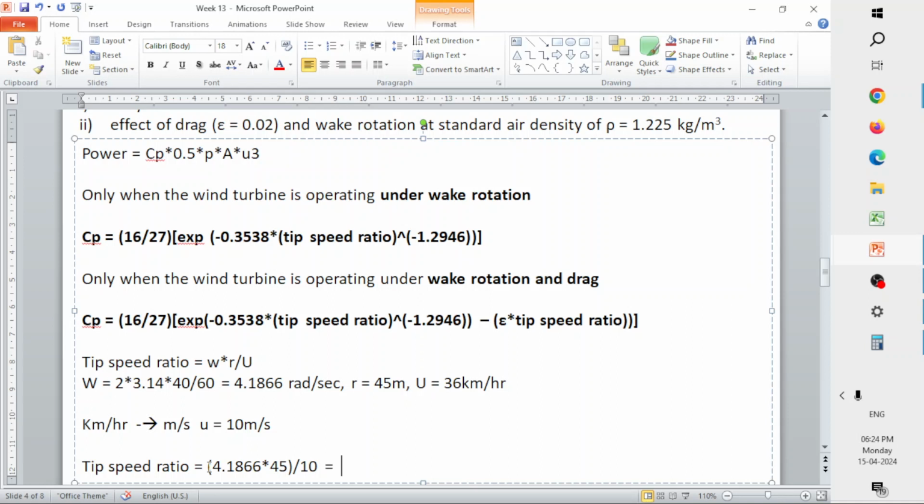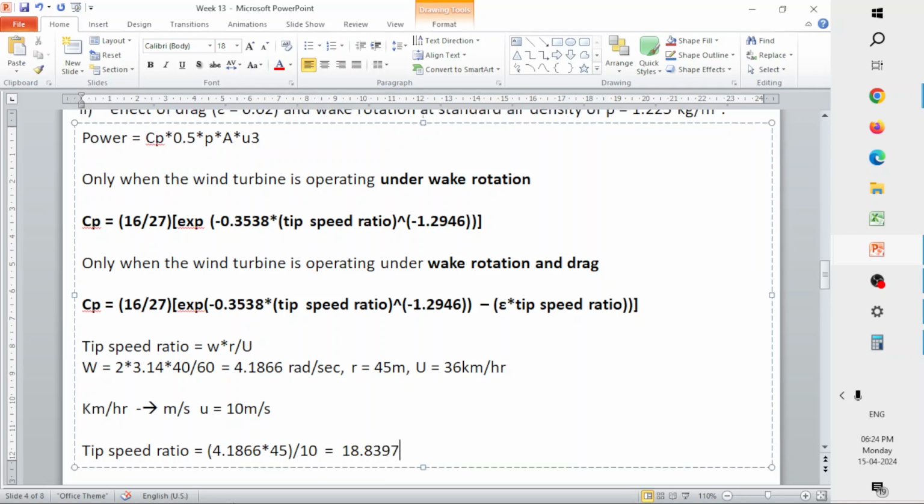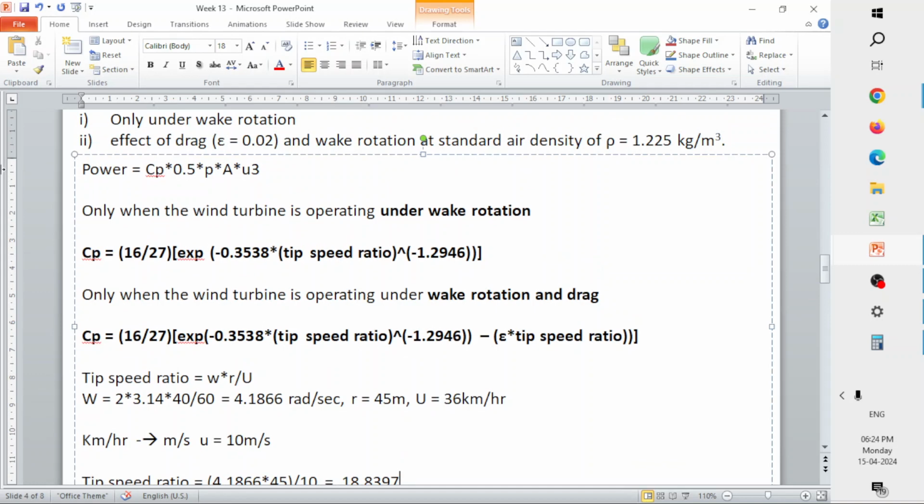How much? Yeah, 18.8397. So this is your tip speed ratio.